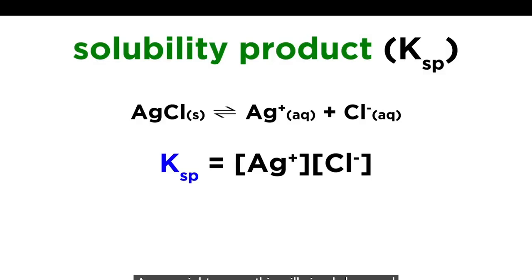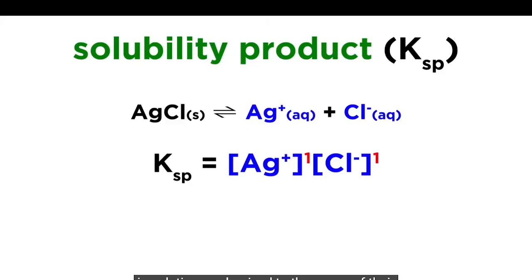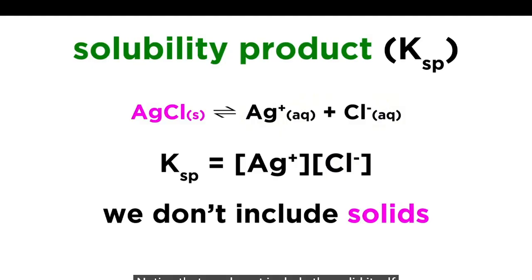As we might guess, this will simply be equal to the product of the two ion concentrations in solution, each raised to the power of their stoichiometric coefficients, which in this case is simply 1 and 1. Notice that we do not include the solid itself in this expression, as we do not include solids in equilibrium expressions.